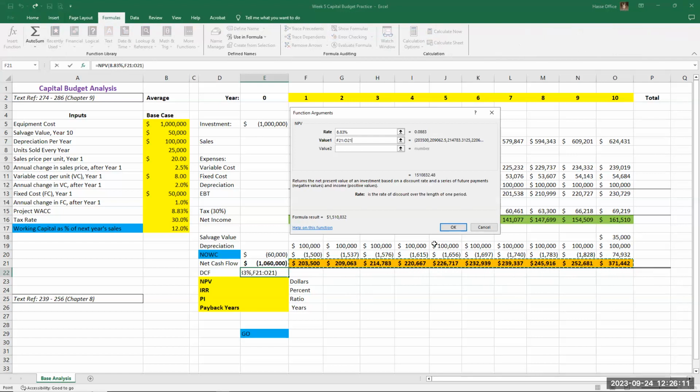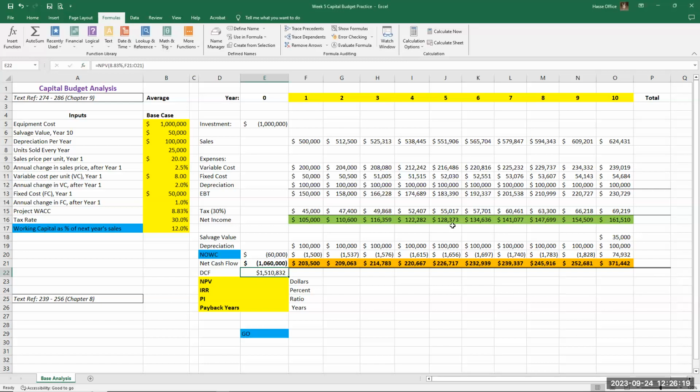And now that's going to sum up, taking that $2,004,000 and discounting it back at my cost of money, 8.83%, and I get $1,510,832. The net present value is the difference between your discounted cash flow and your investment in year 0.